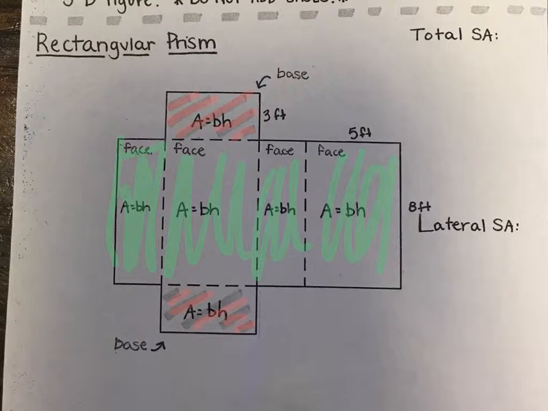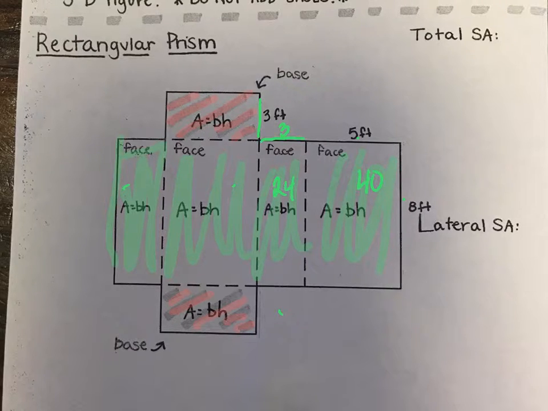So based on the information that we have, we have four rectangles, right? The rectangle here is 5 by 8. 5 times 8 is 40. This one is 3, so 3 times 8, which is 24.